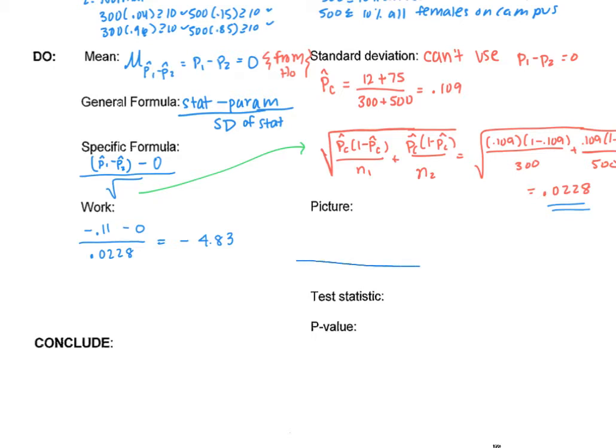What that means is, if the difference is 0, in other words if there is no difference, we're trying to figure out the probability that we get a difference of negative 0.11. So here's negative 4.83.